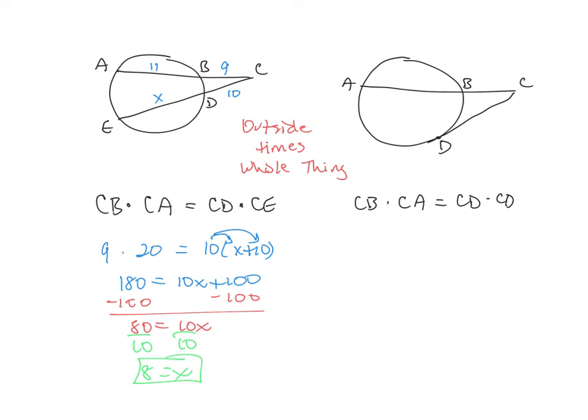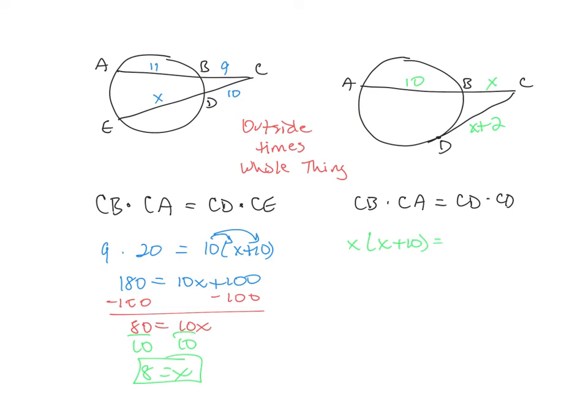Okay, so over here on the right side, let's see. Say this was x, and this was x plus 2, and this was 10. I just made up the numbers, so hopefully it works out okay. So the top one, the outside is x. The whole thing is x plus 10.